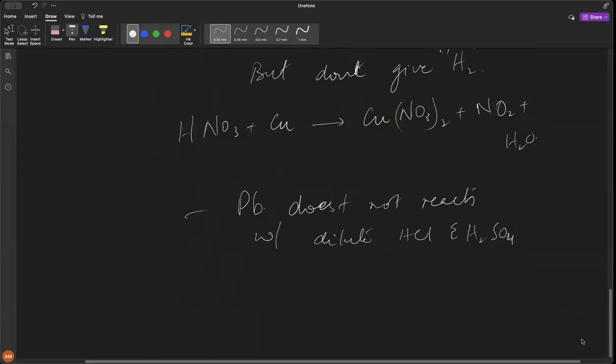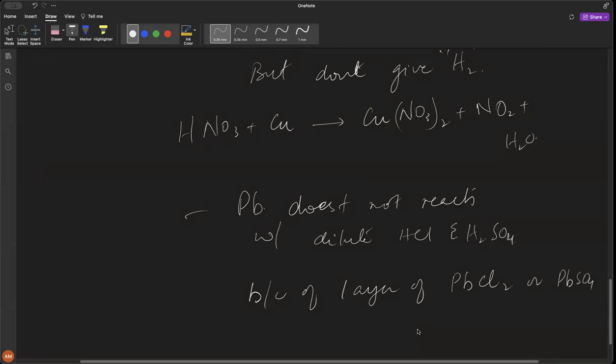Because of a layer of PbCl2 or PbSO4 that is formed immediately. Initially the reaction takes place, so some of the acid is converted into the salt.